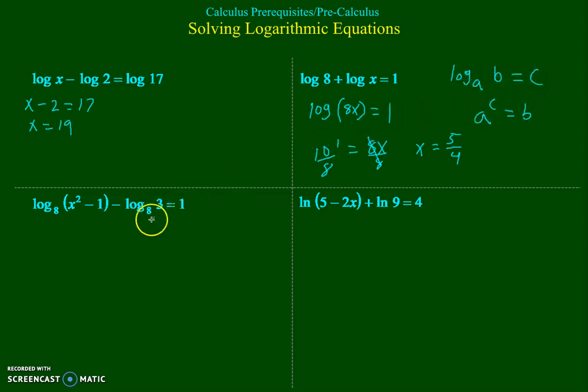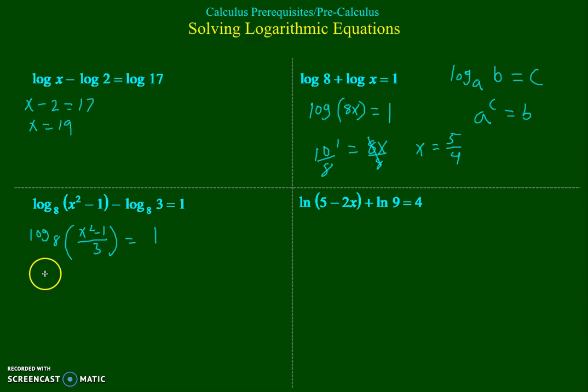All right, let's move on to the next problem down here. And again, we have logs on one side. Here we have the difference property being used, logs to the base 8. So we can say here log to the base 8 of x squared minus 1 over 3 equals 1.